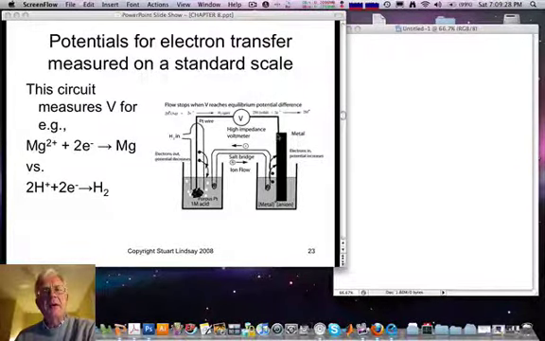One can then give an absolute measure of the potential for this metal to be in equilibrium with its ion in some standard concentration of the metal ion in solution on what is called the scale of the standard hydrogen electrode.